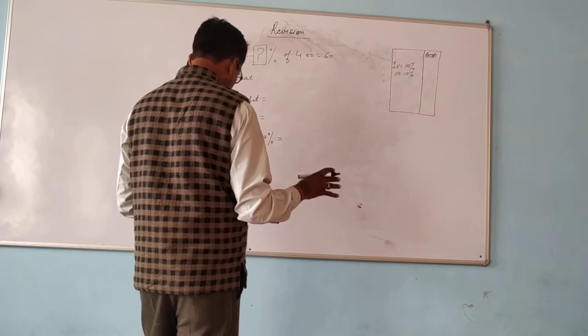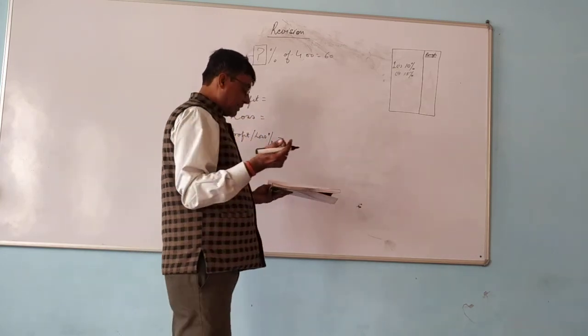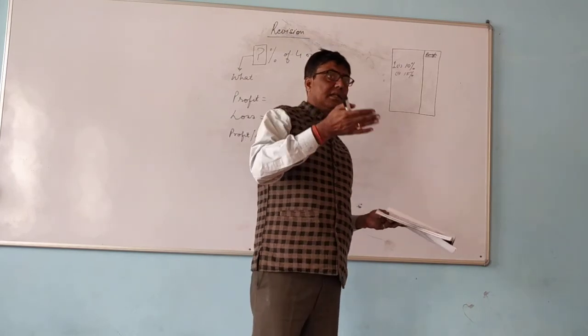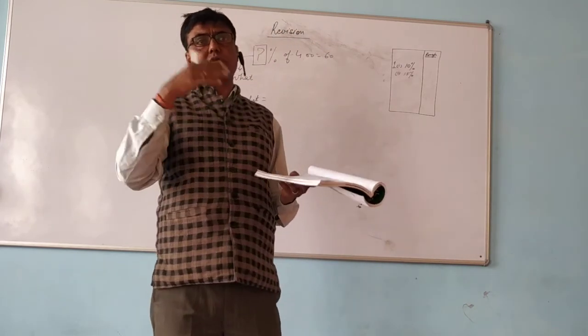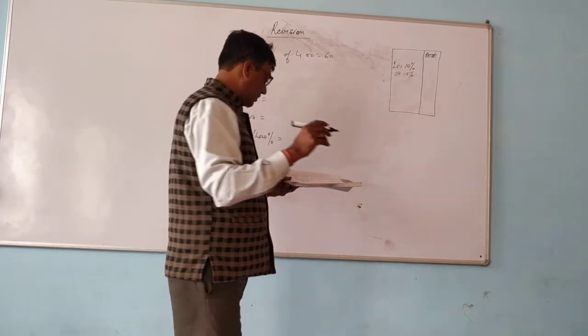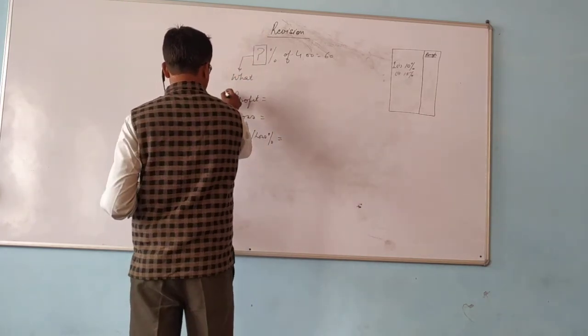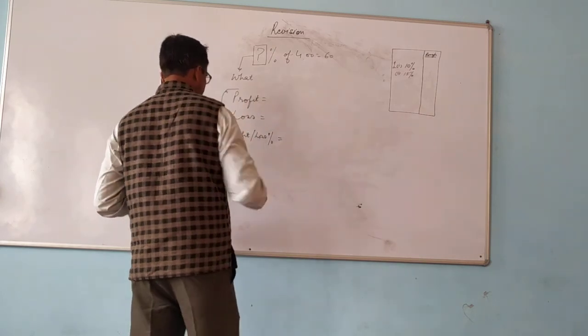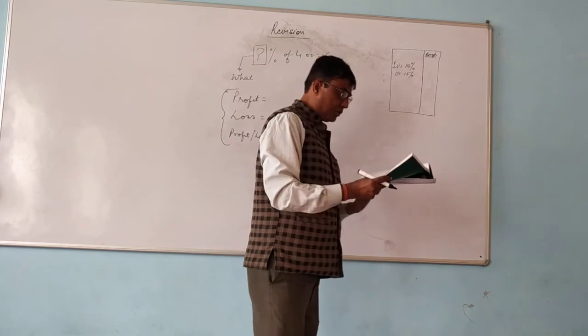Then the formulas are there to find the selling price and cost price when the gain percent or the loss percent is given. So the formula is used there also. First we will discuss only these three in the revision. After that, we will move to those formulas.